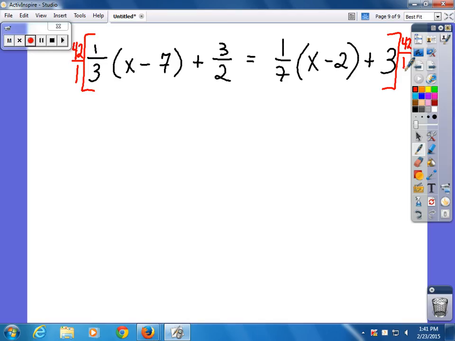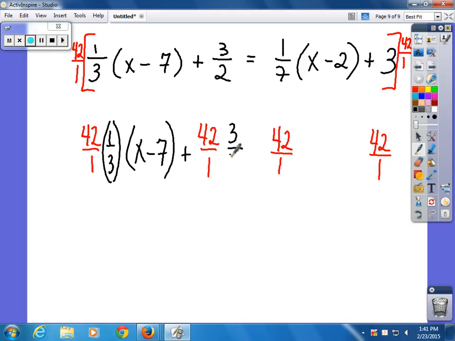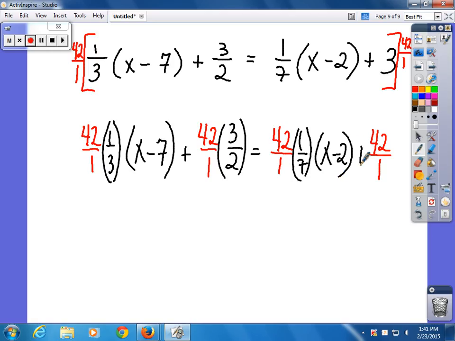Baby step. 42 over 1. 1/3 x minus 7, 3/2, 1/7 x minus 2 plus 3 over 1. All right, now you do the next couple of steps.